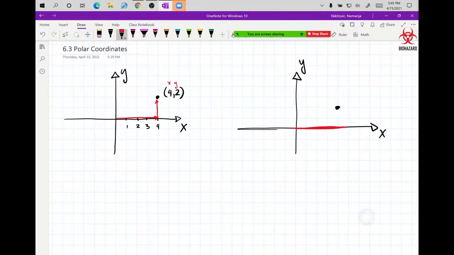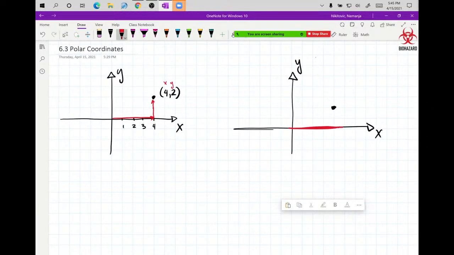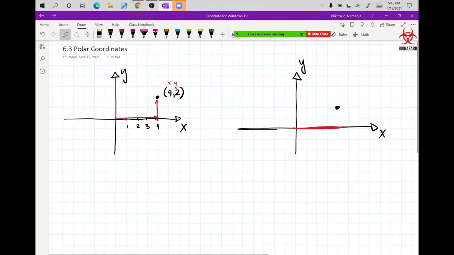I don't know how much yet, but I'm going to go some amount further than 4. See, 4 is right here, and I'm going to go all the way up to there somewhere. And then I'm going to pick this up and swing it with the angle theta, and I'm going to hit and stay at point (4, 2).